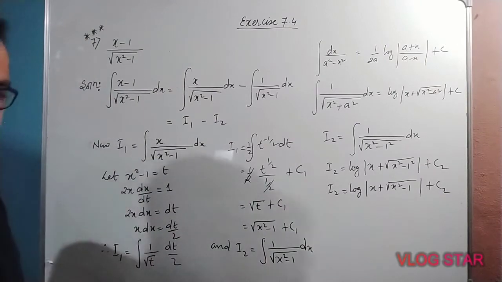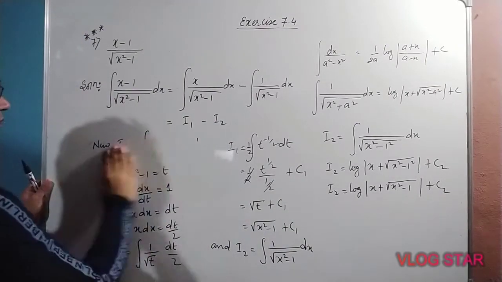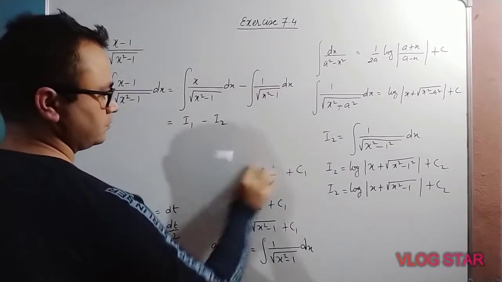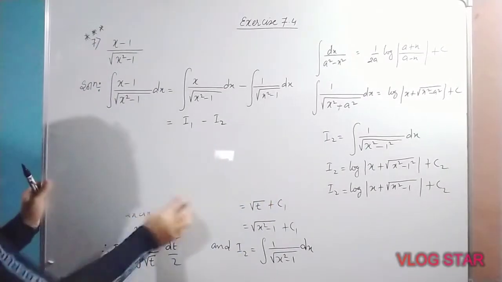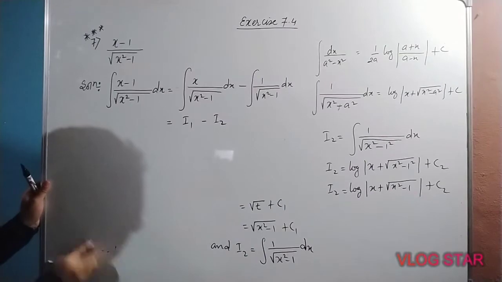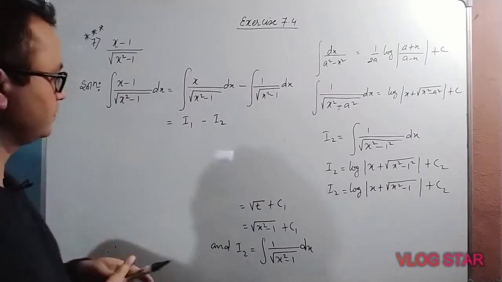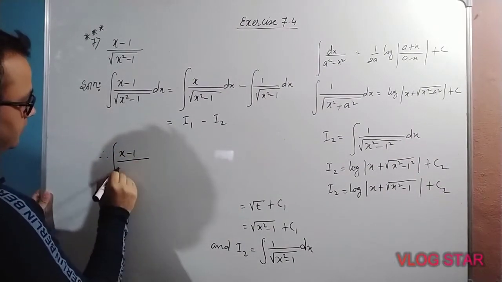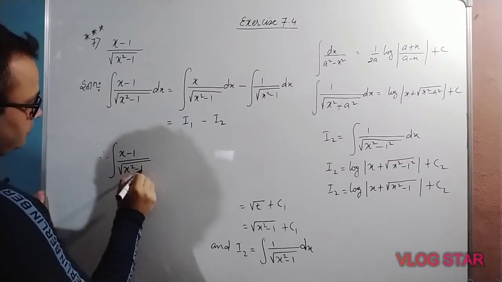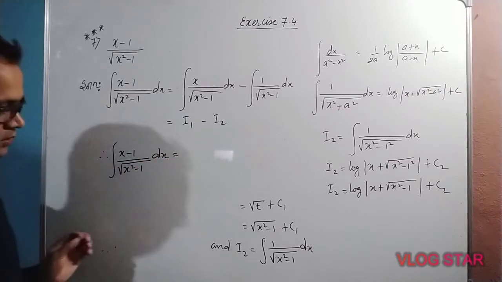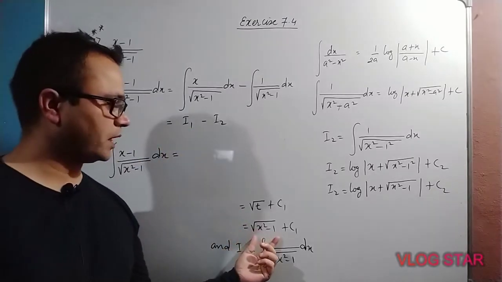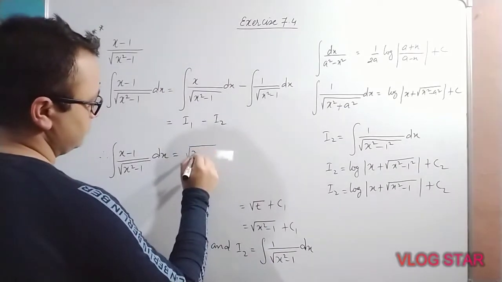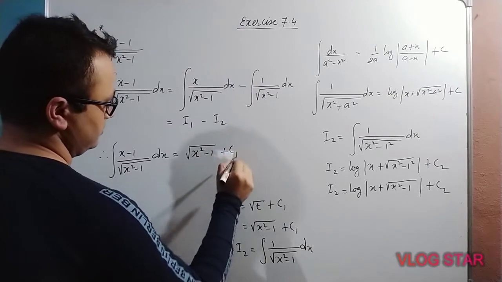Therefore, integration of x minus 1 divided by root under x square minus 1 dx equals I1 minus I2. I1 is root under x square minus 1 plus c1.